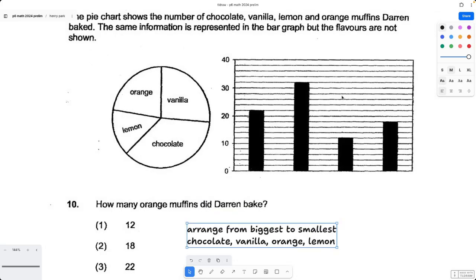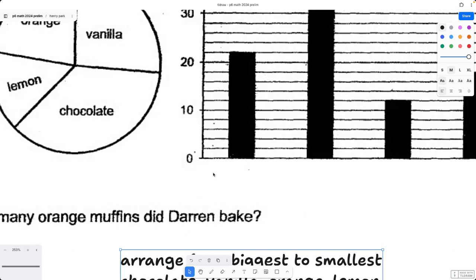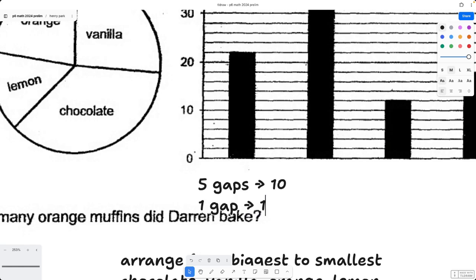Now we can go and see the graph over here. Let's see the number of gaps. We have 1, 2, 3, 4, 5 gaps. So 5 gaps is 10. One gap is equal to 10 divided by 5, which becomes 2.